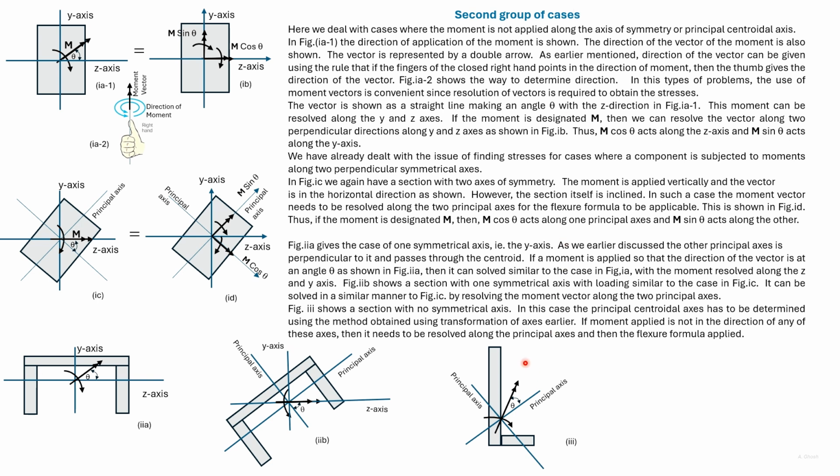This section has no axis of symmetry, but we find out the principal centroidal axis. If the moment vector does not align with any of the principal axes, then we resolve the moment vector so that we get two vectors along the principal axis.